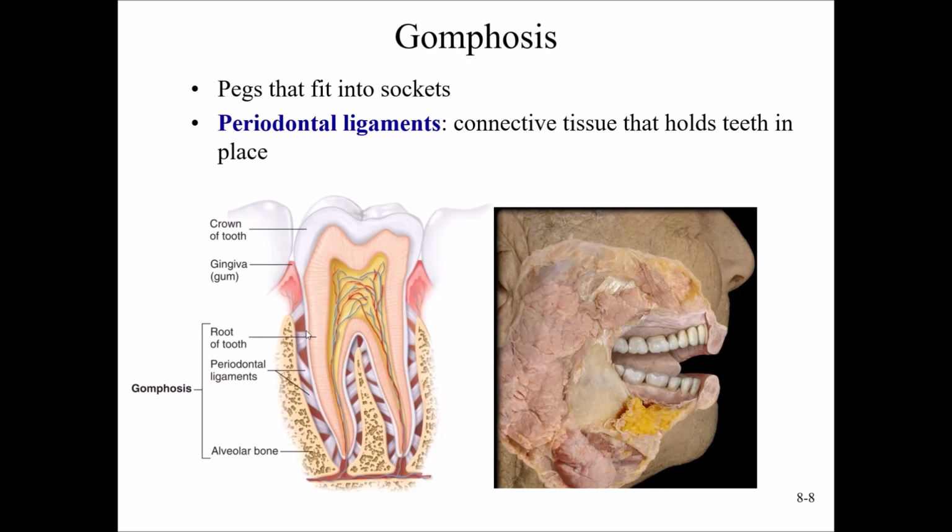And so they're held in place inside of a socket type of joint, held in place by ligaments or connective tissue. And so this is a special type of fibrous joint known as a gomphosis.